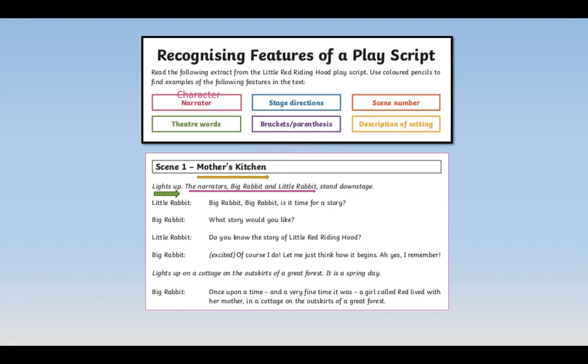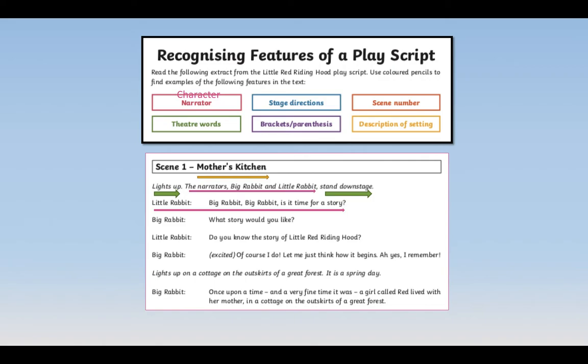Generally, they are. And to finish off, so lights up, stand downstage though. So that's an indication for the actors and for the theatre staff to know how this is all going to happen and what needs to happen during that time.